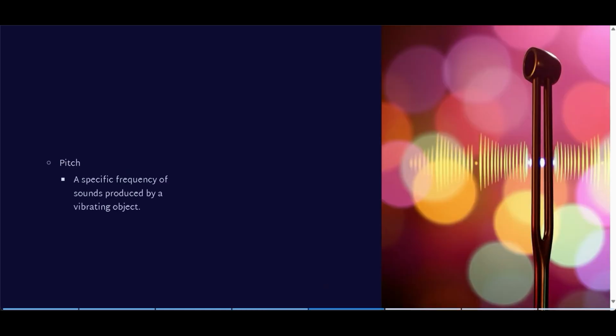Then pitch comes. The pitch is actually the specific frequency of sounds produced by a vibrating object. So this can be learned through the frequency. Middle C is 256 hertz, and A4 is 440 hertz, for example.